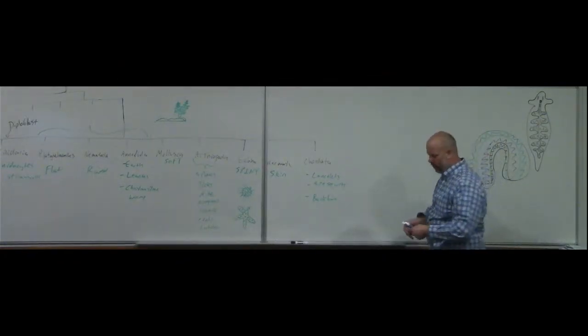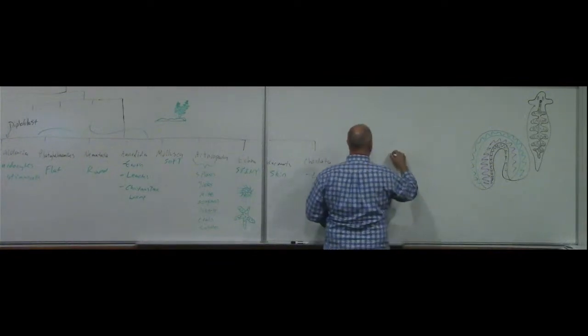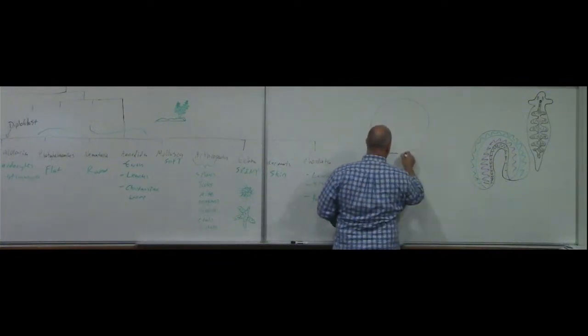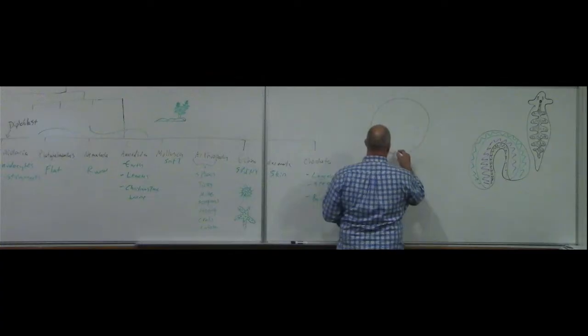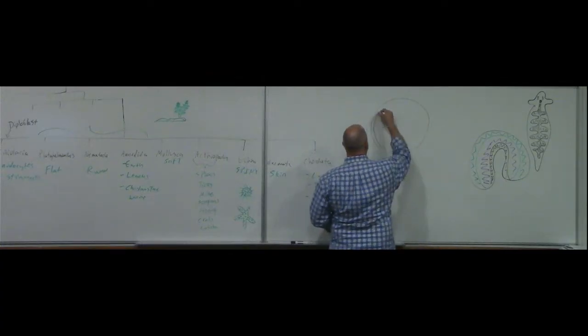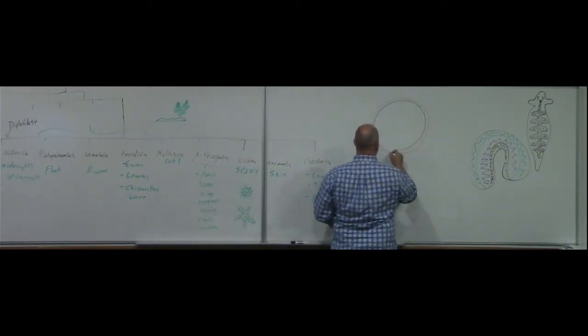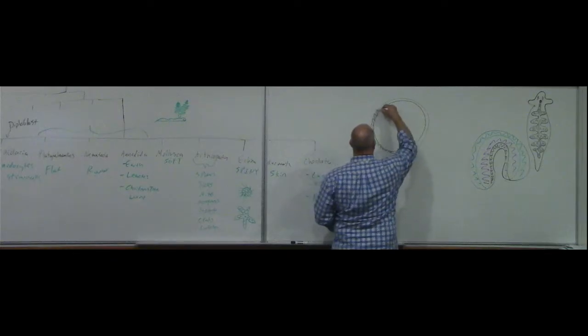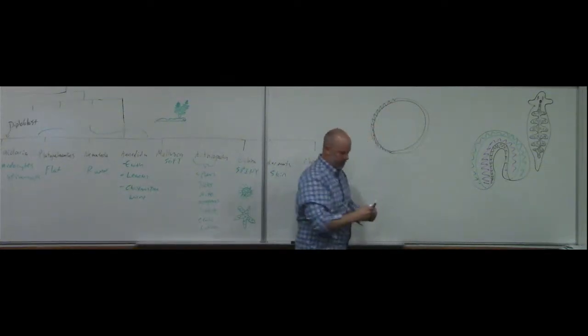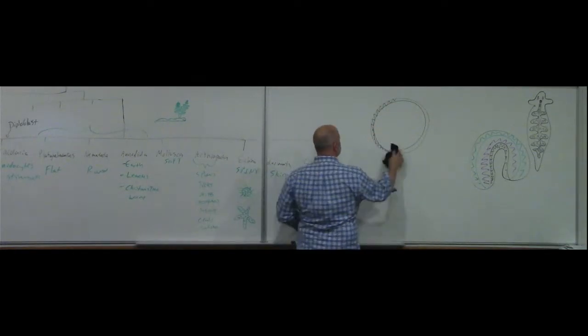So if I were to cut it crosswise, I have got my ectoderm on the outside where I'd expect it to be. Yeah, I did that wrong, didn't I? That should have been green. Let me stay consistent.